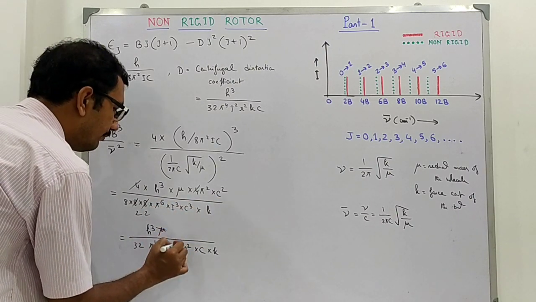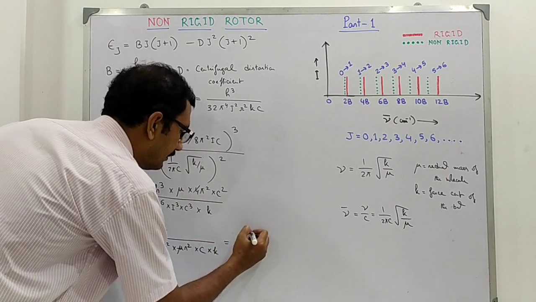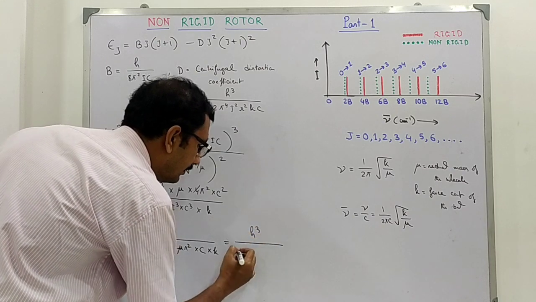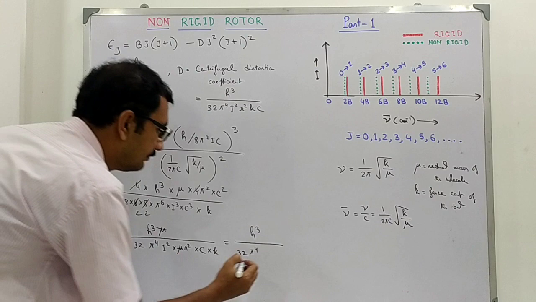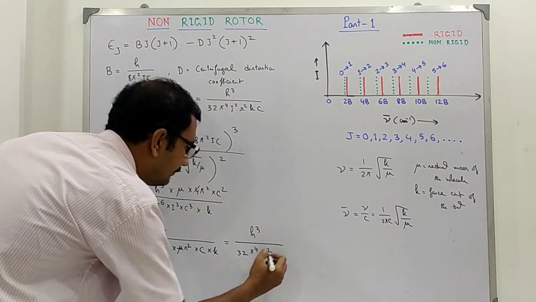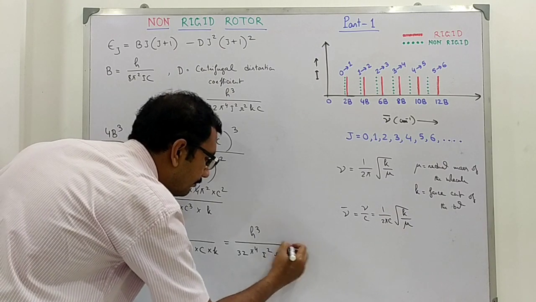So, this mu and mu will cancel now. So, it will be h cube upon 32 pi to the power 4 I square r square k into c.